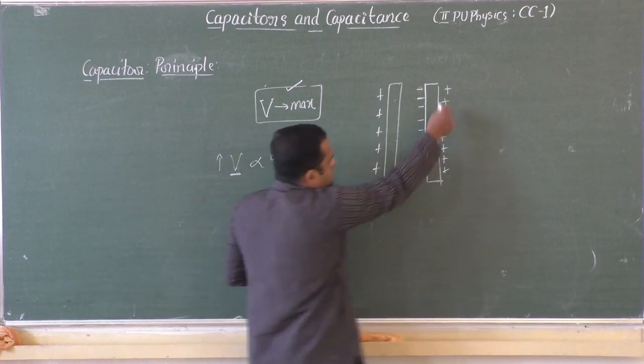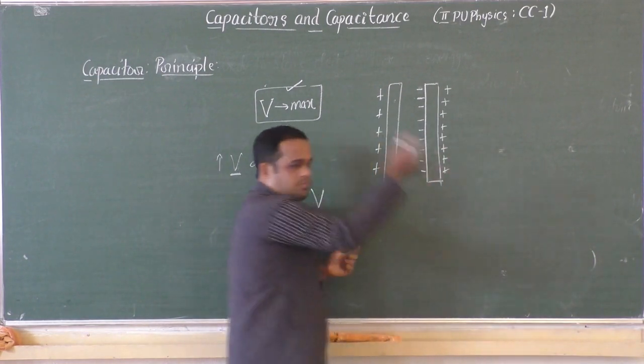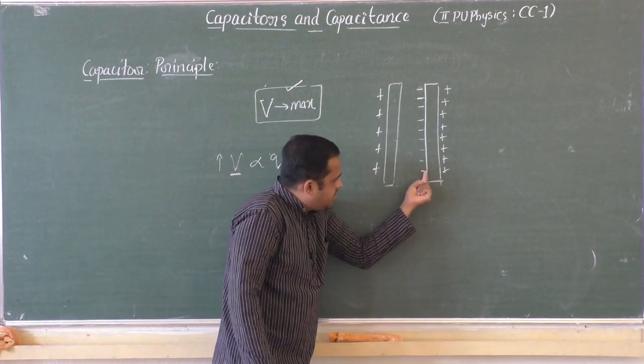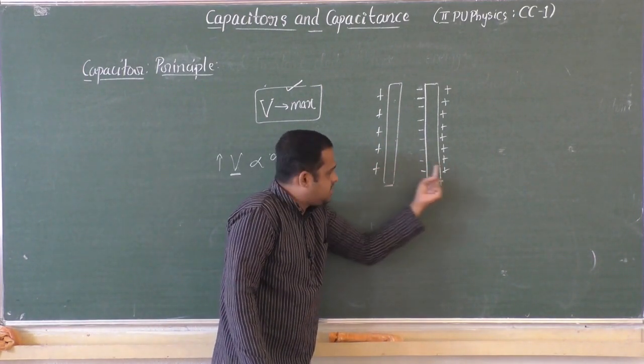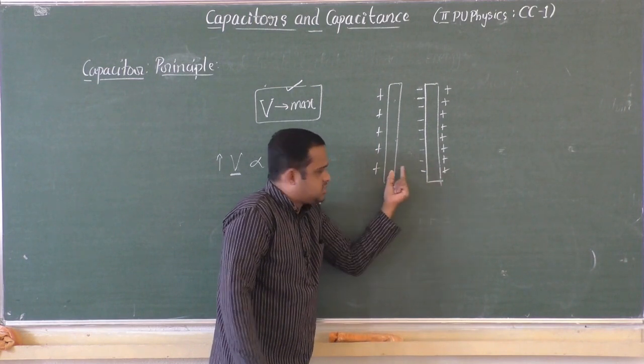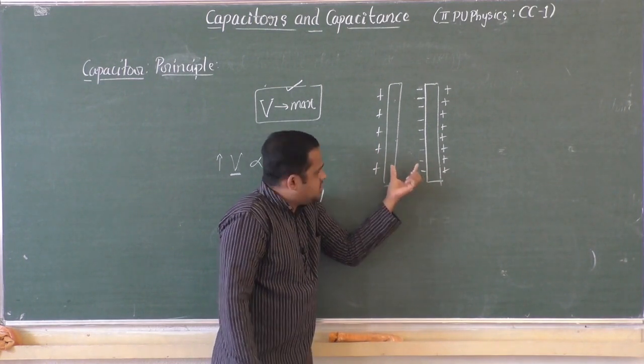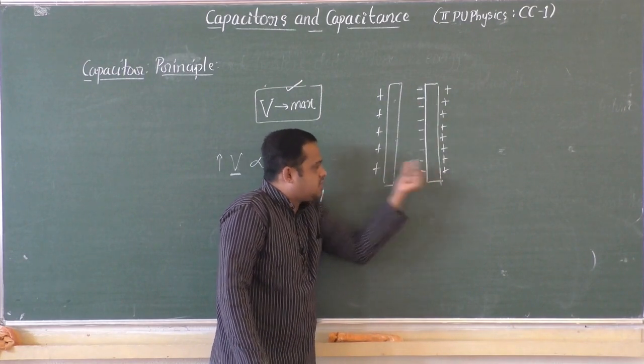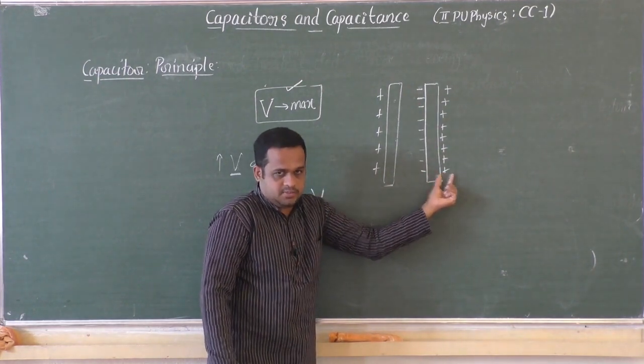Along with that, these charges will produce positive potential here, but if you consider the distance from negative charge to this conductor and positive charge to this conductor, this distance is less. Therefore, negative potential due to this conductor will be more compared to positive potential.